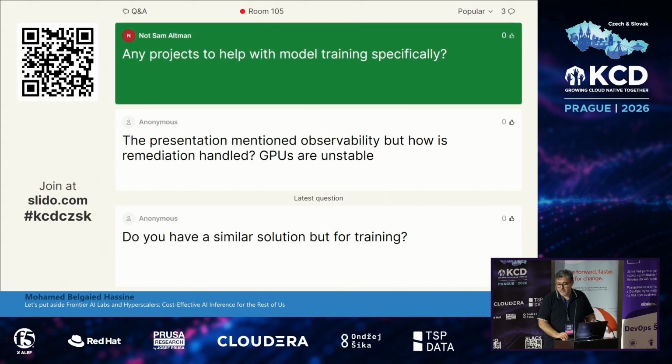So, any projects to help with model training specifically? In this specific case, I really focused on AI inference because, in my opinion, inference will be the majority workload in the near future.